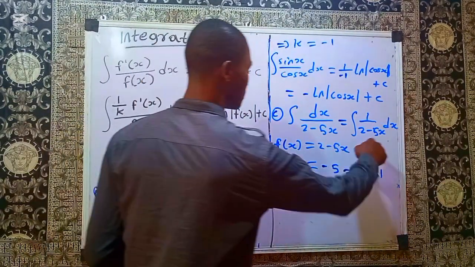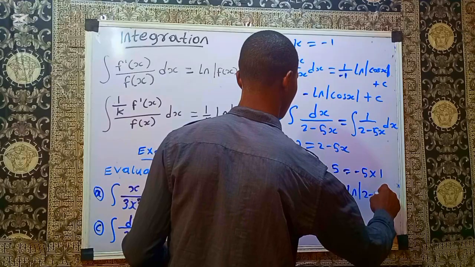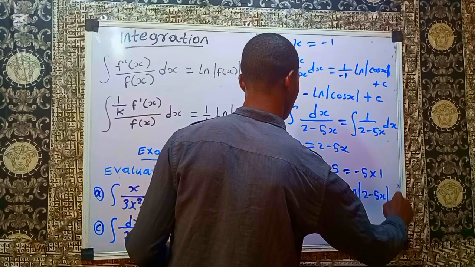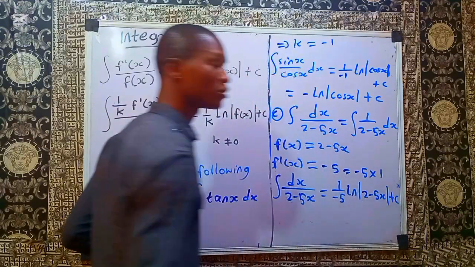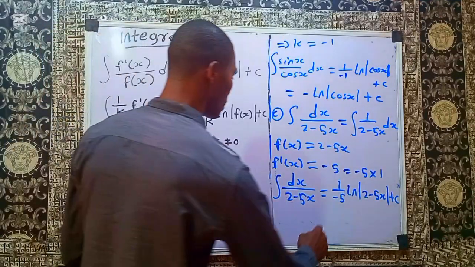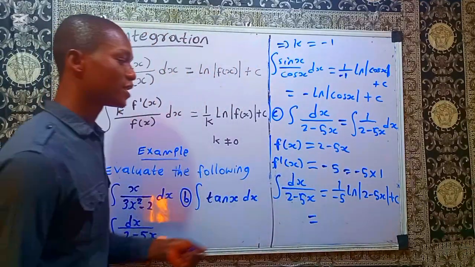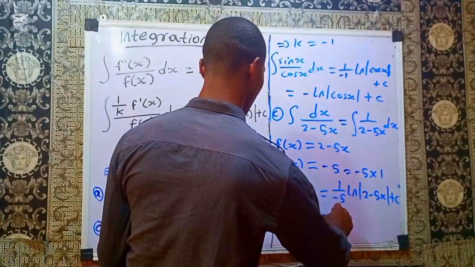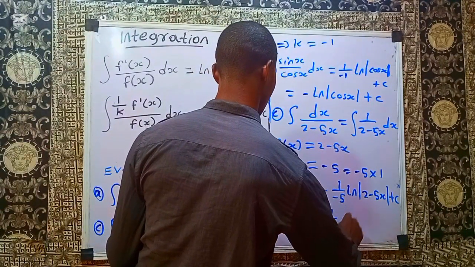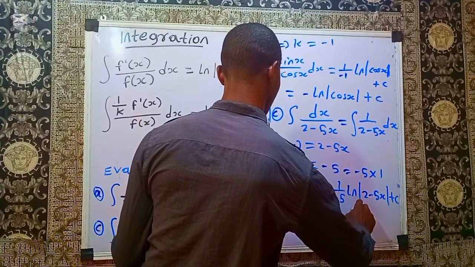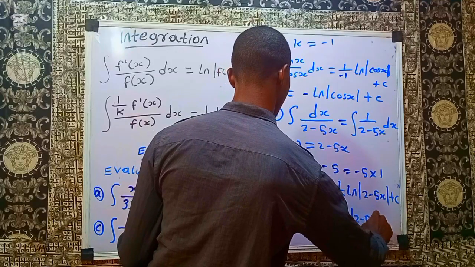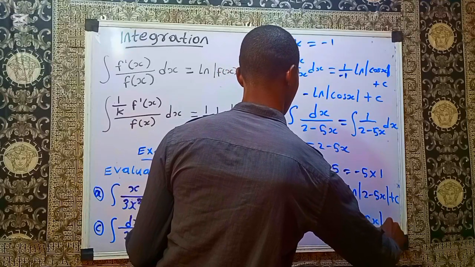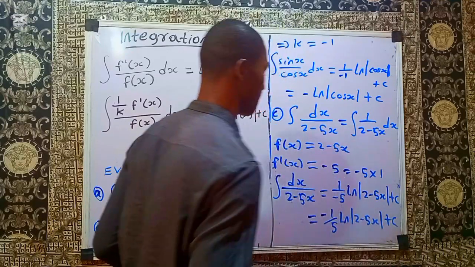Our f of x is the quantity at the denominator, 2 minus 5x, plus the constant of integration c. If you simplify, 1 over negative 5 is the same as negative 1 over 5 ln of the absolute value of 2 minus 5x plus c.